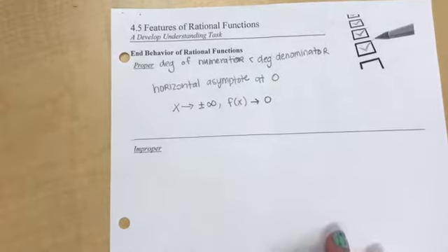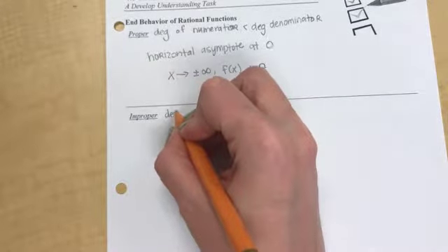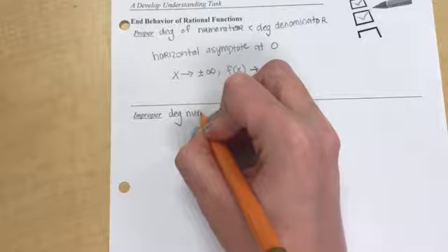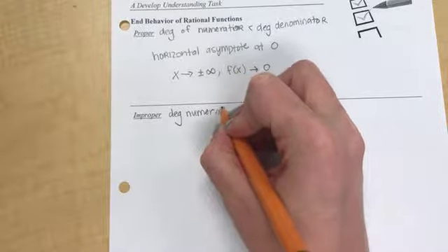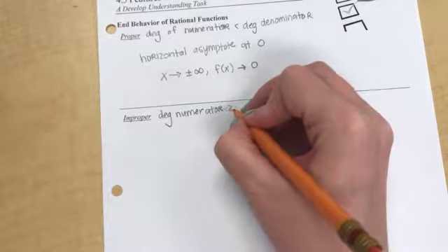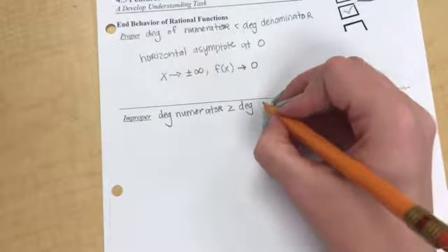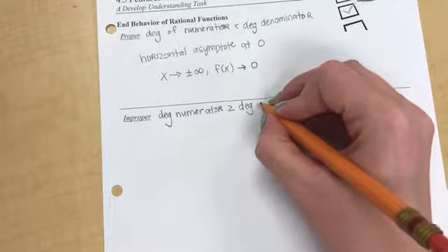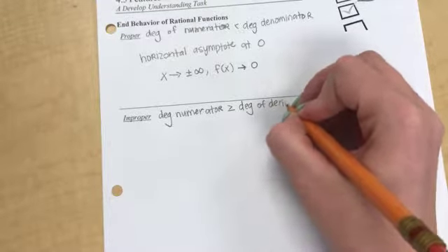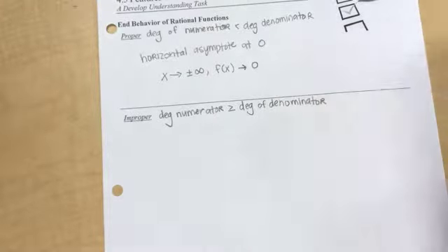If I have an improper rational function, however, this is where the degree of your numerator is greater than or equal to the degree of your denominator. We have a few more steps that we need to do in order to find the end behavior.